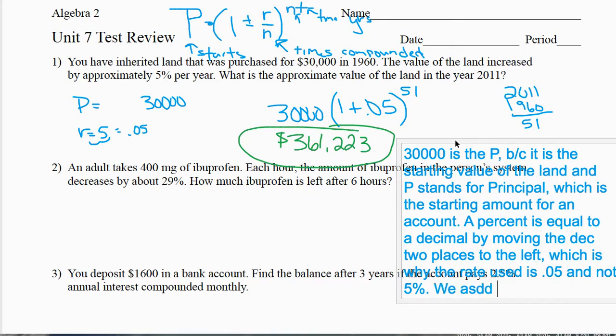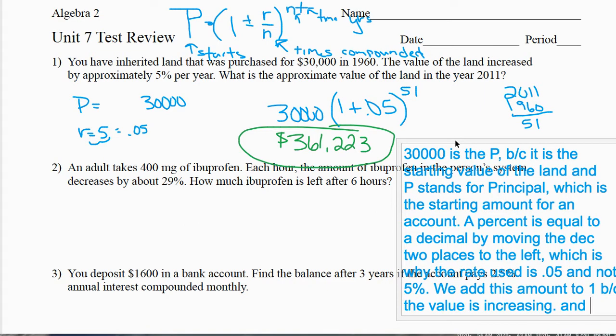We add this to 1 because the value is increasing. And the exponent is the time.